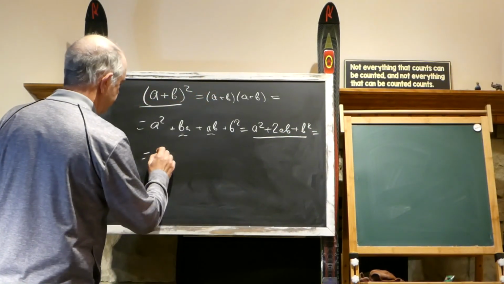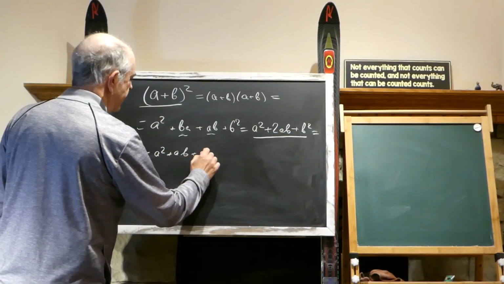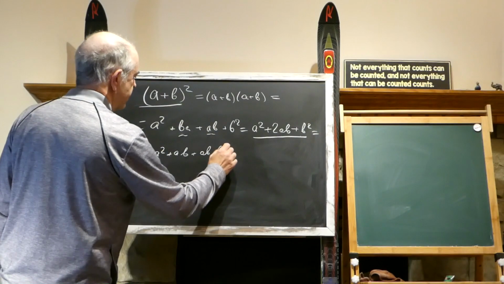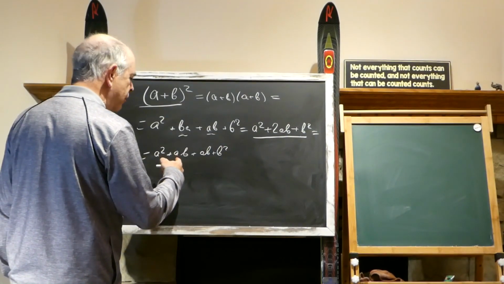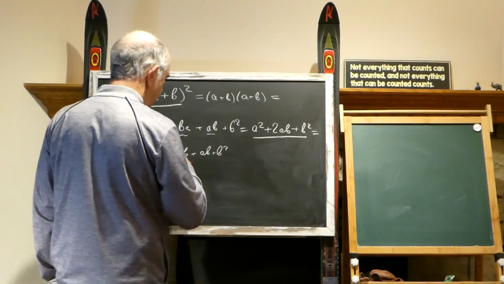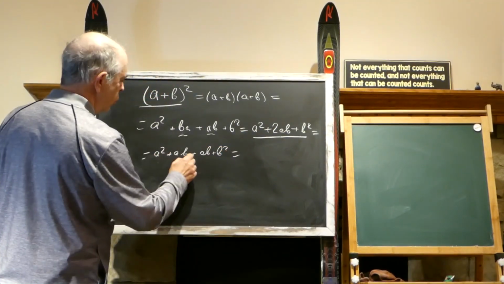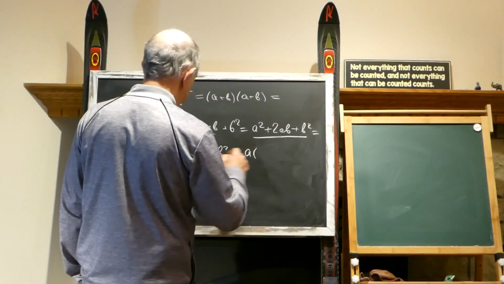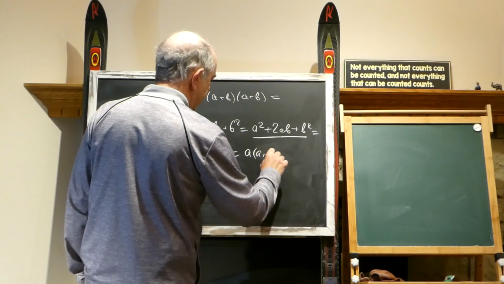So for example, you say a squared plus ab plus ab plus b squared. It's nothing. Again, if I wrote two lemons, it's 1 lemon and 1 lemon. And that's it. Then you combine those and you take a out. And if you take a out, you have a plus b. Right?